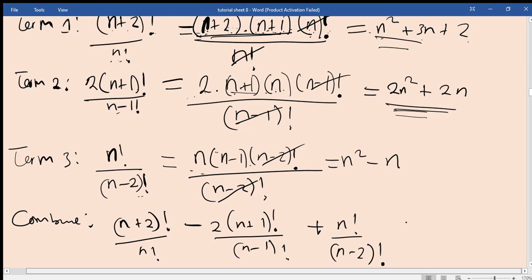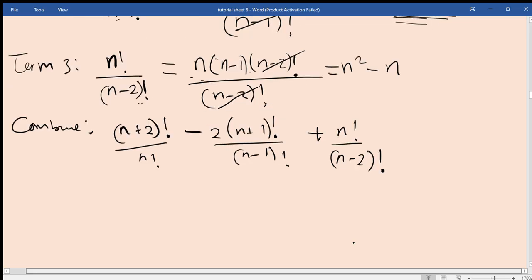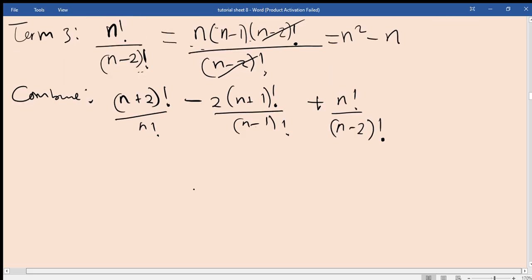So we've simplified each term. Now we'll just replace the simplified solutions of what we have for the first term, second term, and the third term. Then we combine. So the first term is now going to be equal to n squared plus 3n plus 2, minus the second term which was 2n squared plus 2n, and the last term which was plus n squared minus n.